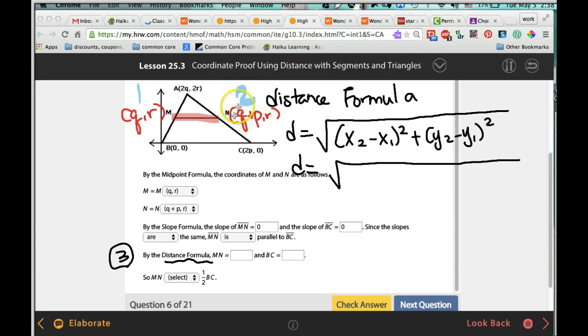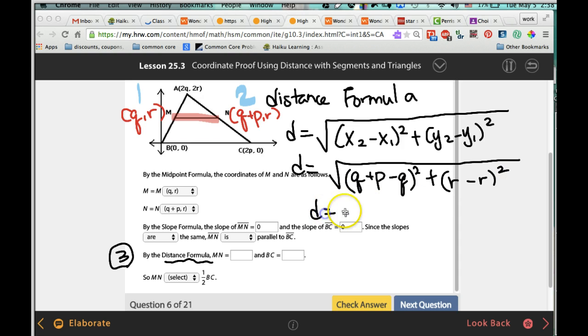The x value in group 2 is Q plus P minus x sub 1 means the x value in group 1, okay, which is Q squared plus y sub 2 means the y value in group number 2, R, minus y sub 1 means y value in group number 1. And then you square it.